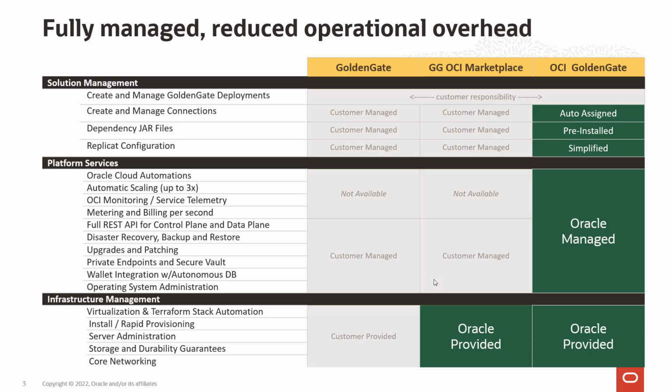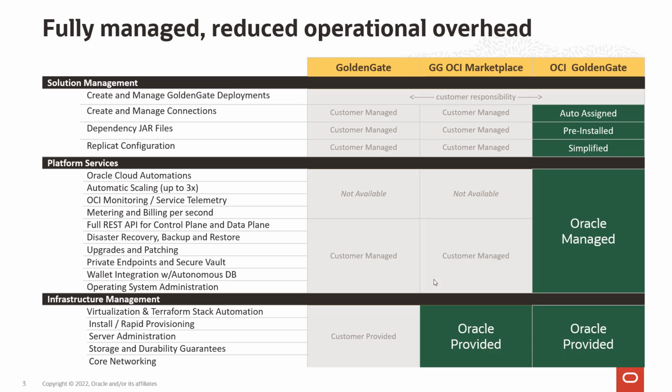If you use OCI GoldenGate, as you can see, there are a lot of things that are managed by Oracle. In addition to installing the product, finding the right instances to run it on, we also take care of patches, upgrades, the high availability. You have the auto scaling, you have the OCI monitoring, and in addition to that, we also take care of the dependencies when required, especially for big data technologies.